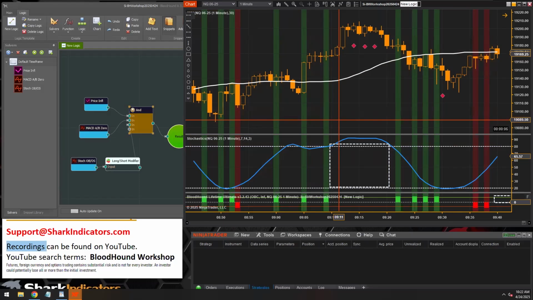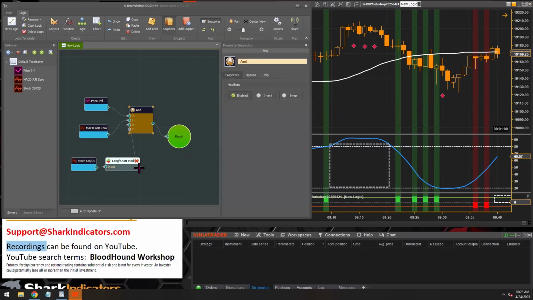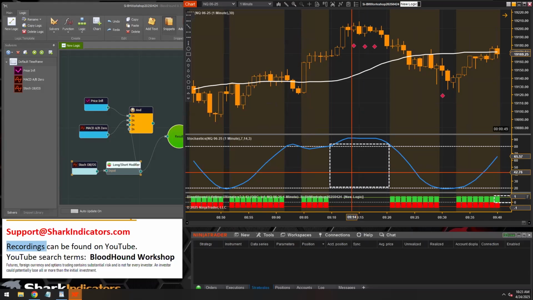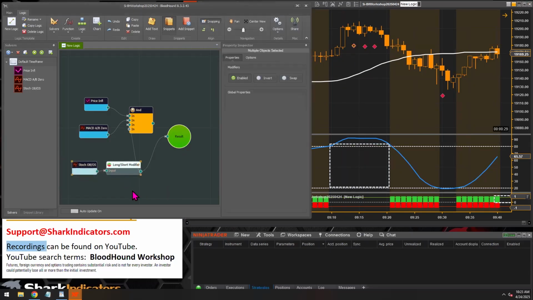So again, all that's needed is you need to set up a solver, and you might also need a function node here, this long short modifier, and create an output here that has no output based on whatever condition it is that should block or prevent a signal, like so. So here's one example, and I'll make one more here.